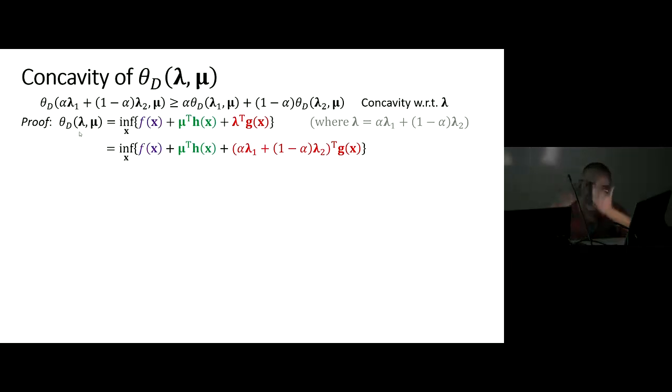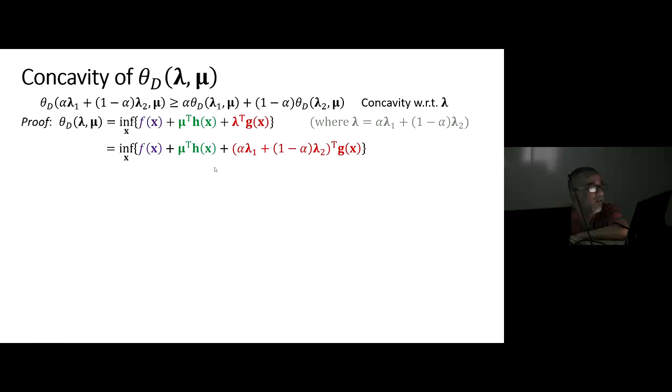The dual function theta d is defined as an infimum of this. Okay, and now lambda, we can divide it up into alpha lambda 1 and 1 minus alpha lambda 2. So this lambda here, I have divided it up.